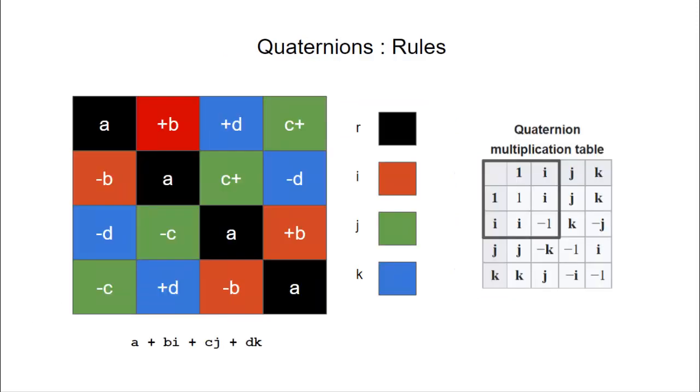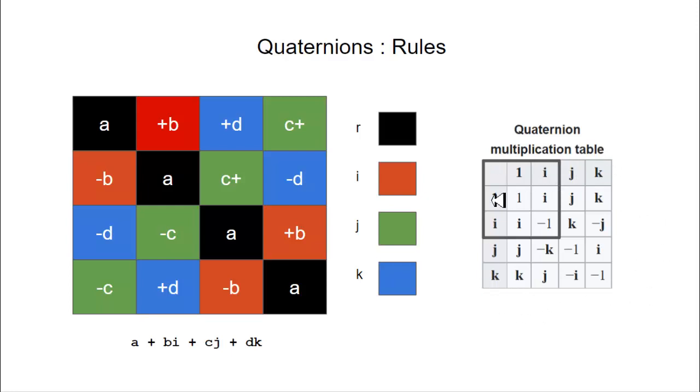There are more rules because this is now a 4 by 4 matrix, and we have 2 other entities, C and D. There's more rules than just the imaginary. So here are all the rules.